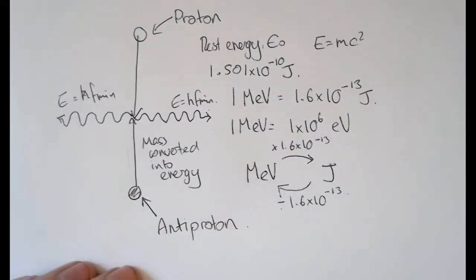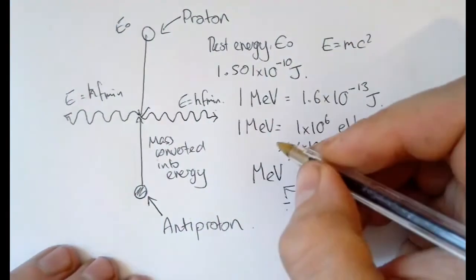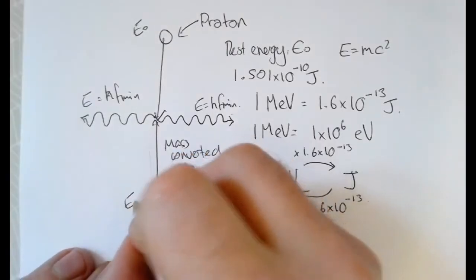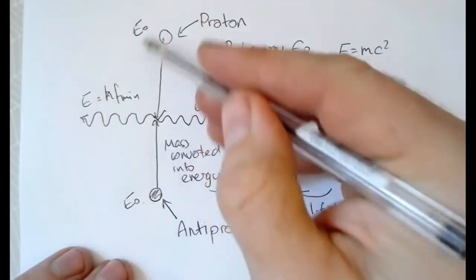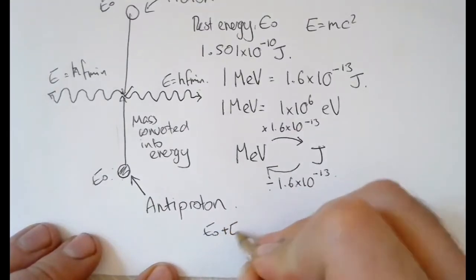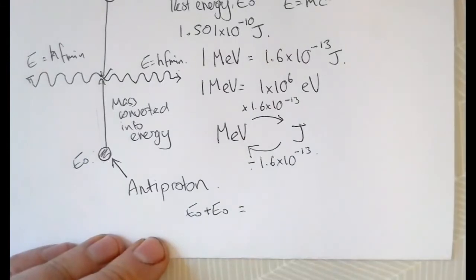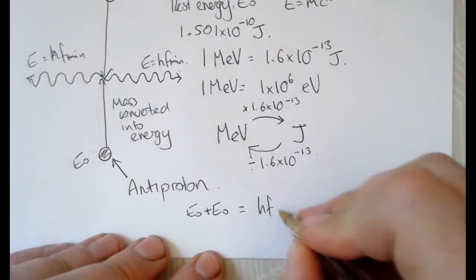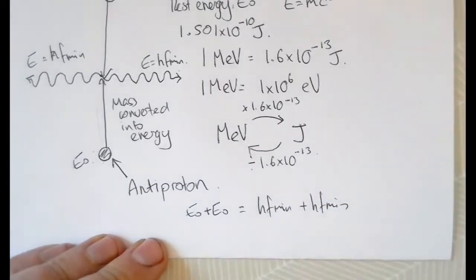So if we have a look at each of these particles, this has rest energy E0, this has rest energy E0. So the combination of the 2 rest energies is going to be converted into the energy of the photons. Kind of like that. So you've got your 2 rest energies and then the energy of the 2 photons.